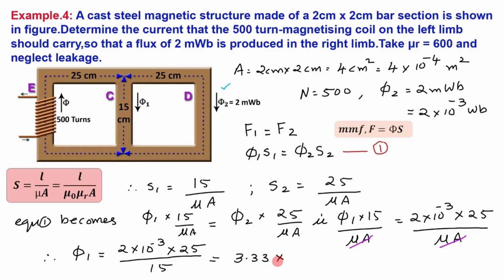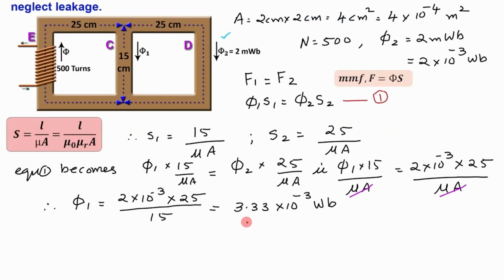to 3.33 into 10 raised to minus 3 Weber. So, we find that phi1 is equal to 3.33 into 10 raised to minus 3, and phi2 is given in the question as 2 into 10 raised to minus 3. Therefore, the total flux going from here will be the sum of these two fluxes, that is phi1 and phi2.